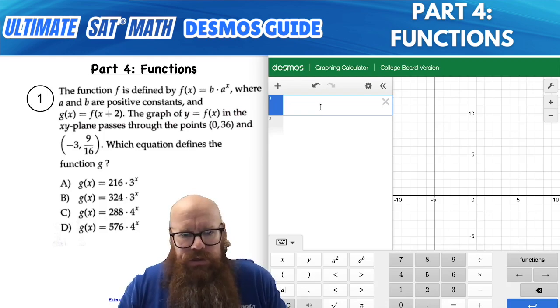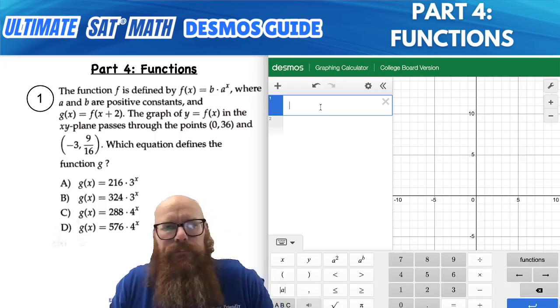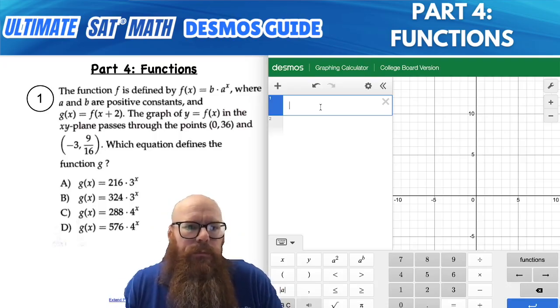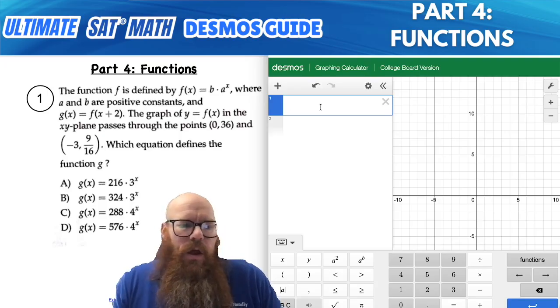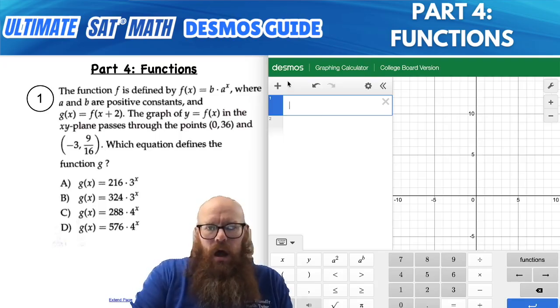Which equation defines the function g? Okay. So a couple different things that we could do here in Desmos. I'm going to take you through how we can do the whole problem in Desmos.